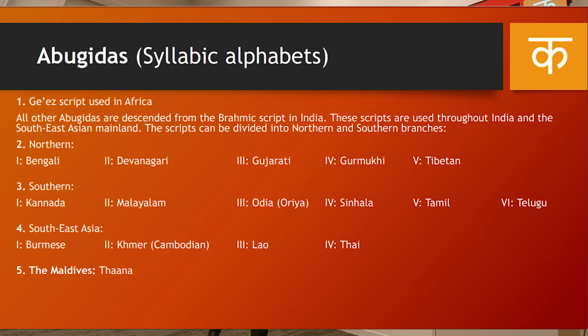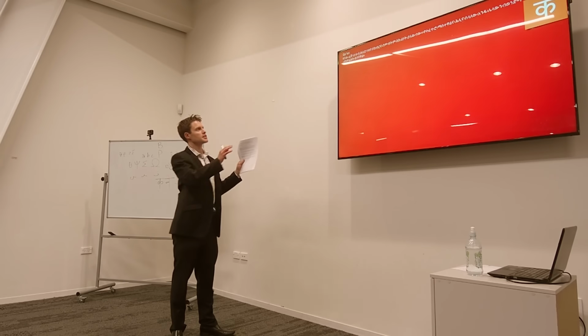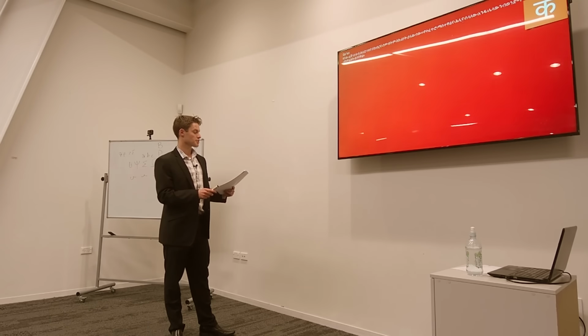So let's look at how to recognize each of these scripts. So firstly, Gur, as you can see here, is a very distinctive angular and irregular shaped script, and you can also see a closer up example in your handouts there.